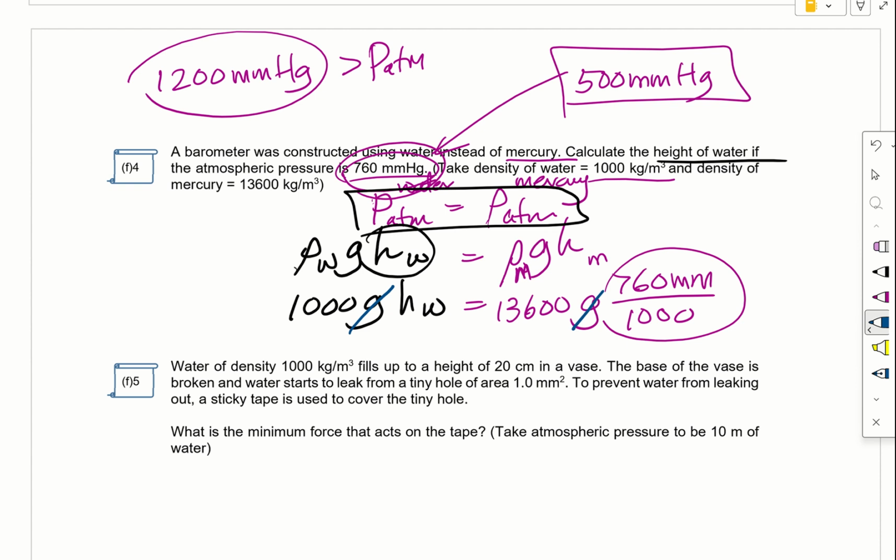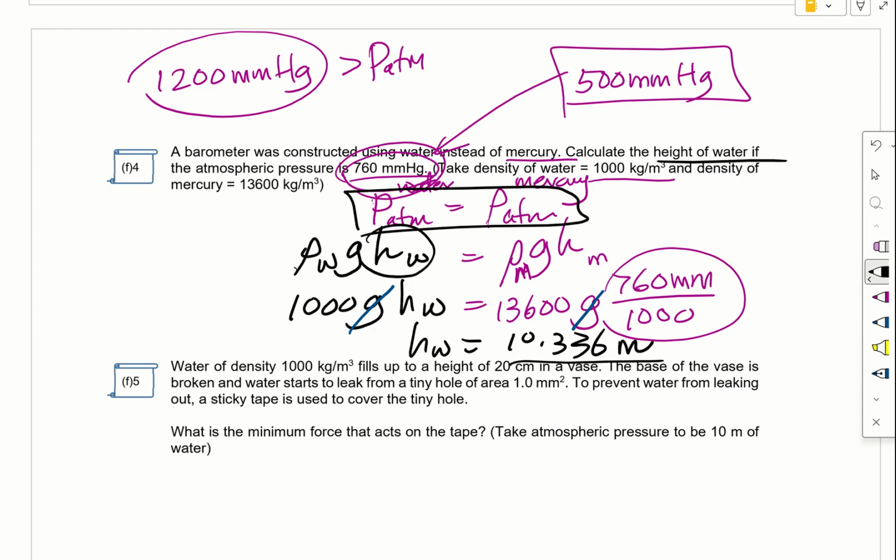With this I can then work out my height to be 10.336 meters, right? Because I'm using everything in SI unit, so height will be 10.336.